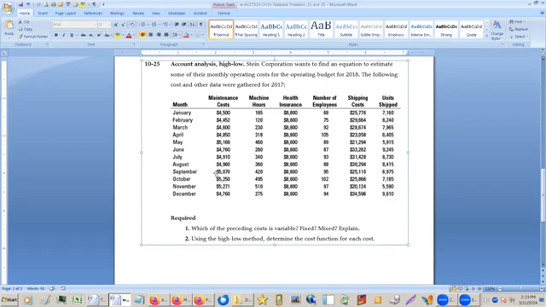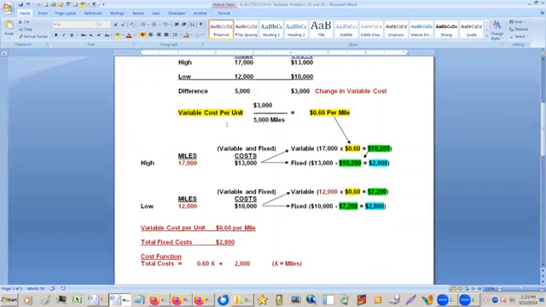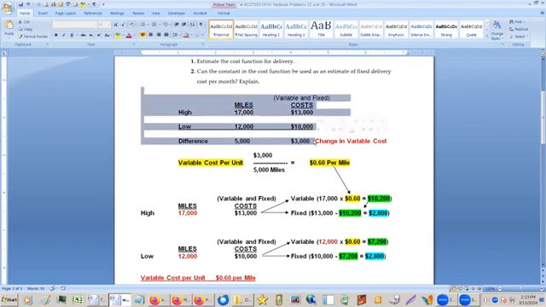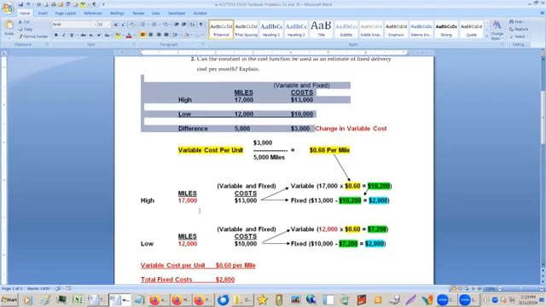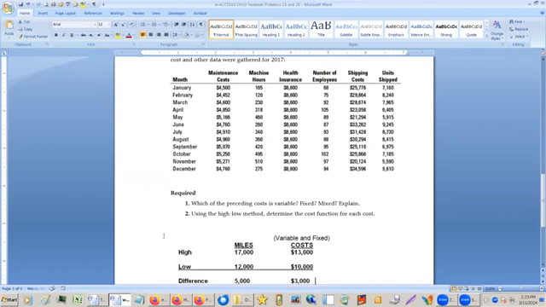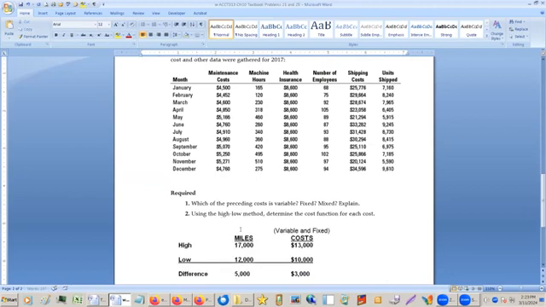All right, so let's see here. I'm gonna copy this down. Okay, so we're doing maintenance costs.